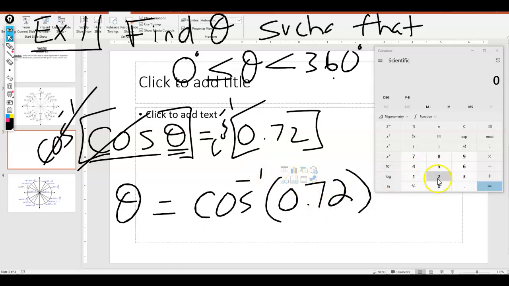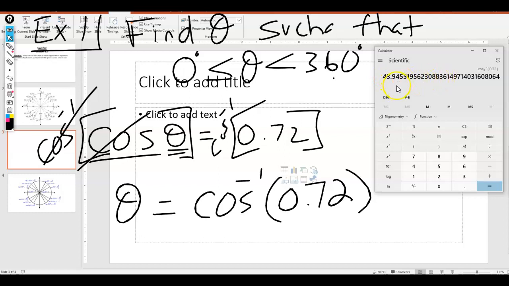Arc cosine of 0.72. So the first thing I'm going to do is 0.72. I'm going to find arc cosine, which you guys remember you push second, and then cosine with a little -1. You want to make sure that your calculator is set to degrees and not radians, otherwise you're going to be getting wrong answers. But as you guys can see here, I got 43.94, blah, blah, blah.